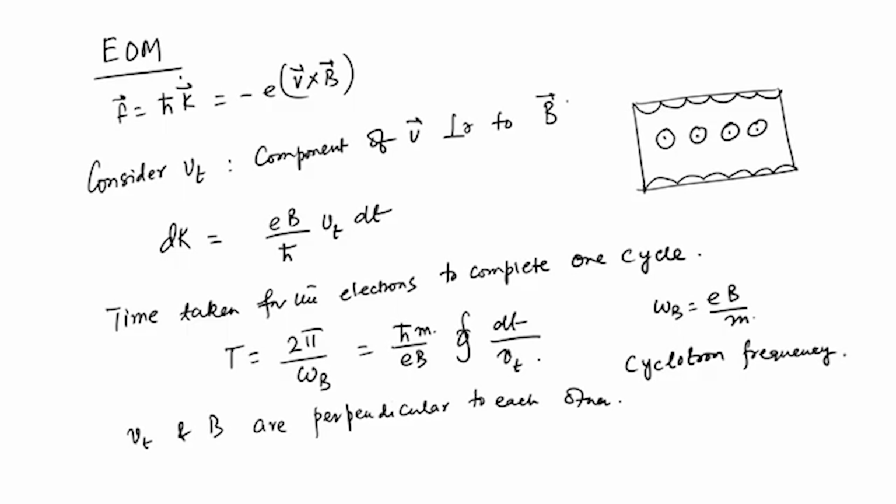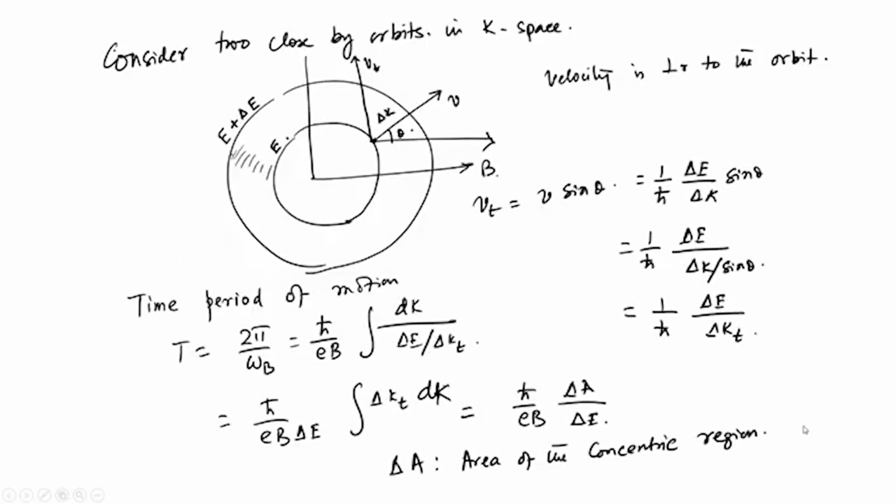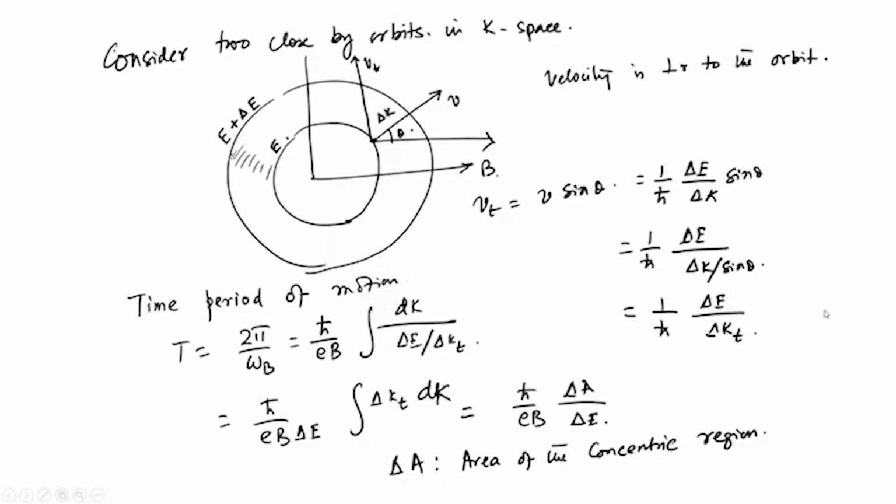Then we can calculate this 4 pi k squared dk, which gives the area of these orbits, and then we calculate the time taken for the electrons to complete one full orbit with this velocity perpendicular to b. Considering two such orbits, we find that the time period of motion of the electrons around this orbit goes as h cross by E b delta A by delta E.